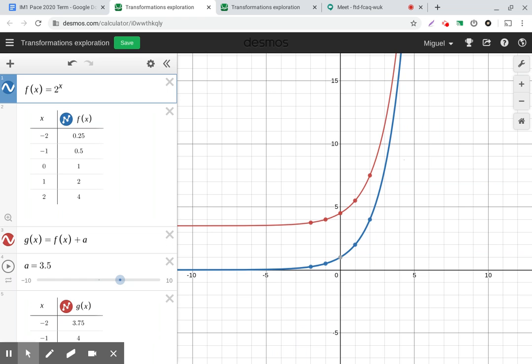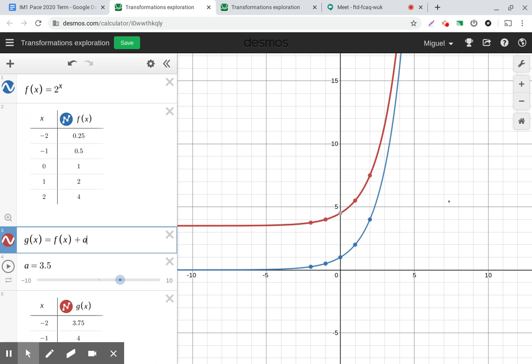Now, I want to know how to move it side to side, and I'm going to let you guys explore. I want G to be the same as the blue one, but I want it to the right by 3 spots. I don't want it to move down 3 slots or up 3 slots.